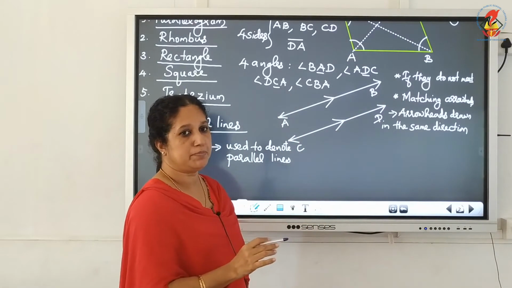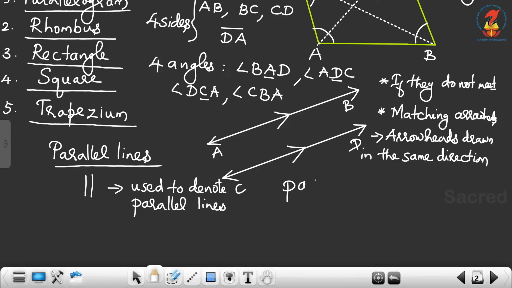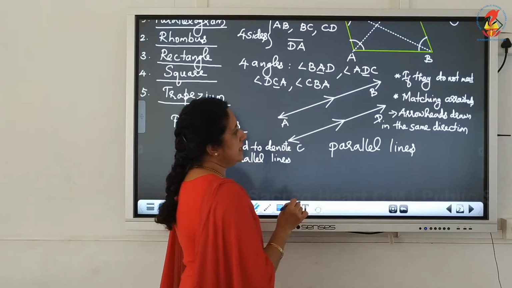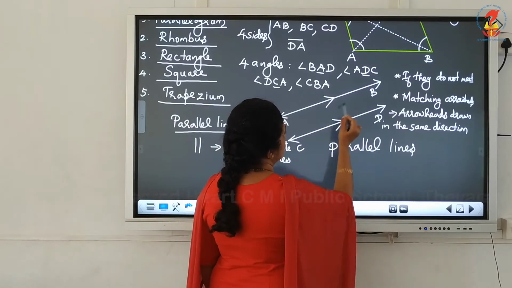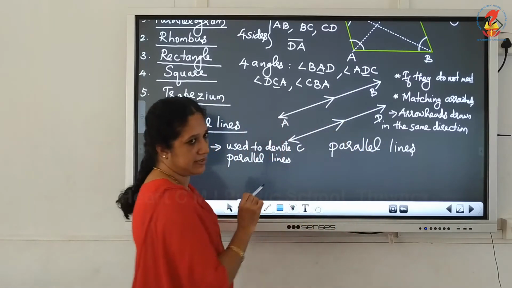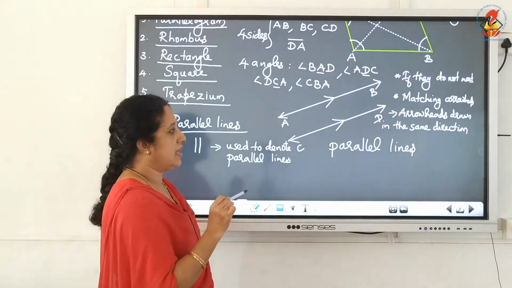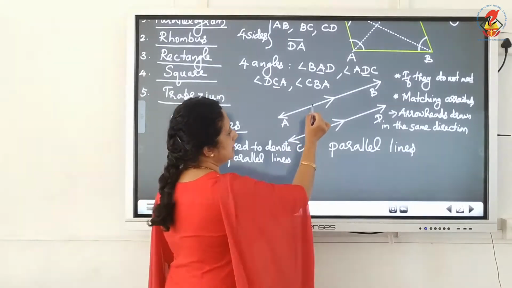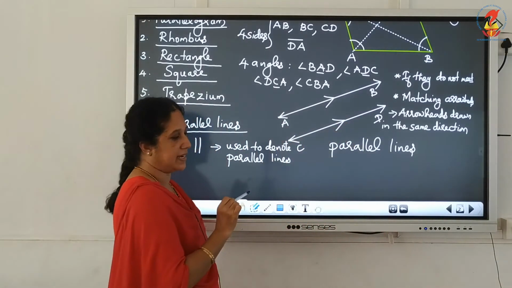And if they do not meet, we can call them parallel lines. The arrowheads drawn in the same direction show that the two lines are parallel.